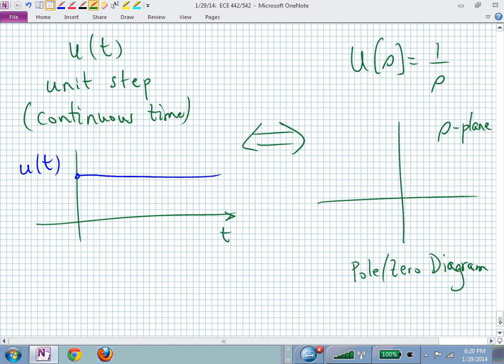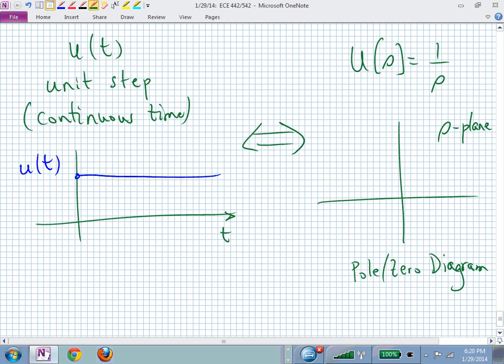Where are my finite zeros? What values of S, finite values of S, cause capital U of S to vanish? Finite values of S. There are none, right? The numerator, there's nothing, no polynomial in S. There's no finite value of S, so we don't have any finite zeros.